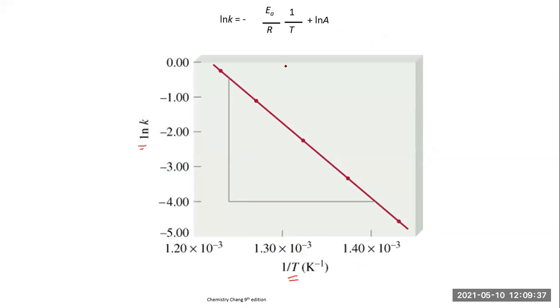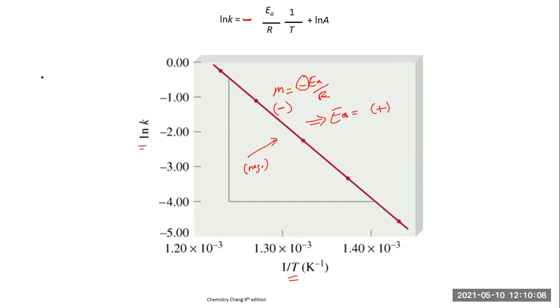Now, because the slope here does equal minus E of A over R, and again, I'll just make that minus bigger over here. A couple of important things about the activation energy. First off, when you look at this line, it is a negative line, which means it's going to give you a negative slope. And that negative right there will turn our activation energy into a positive number. Activation energy should be a positive number.